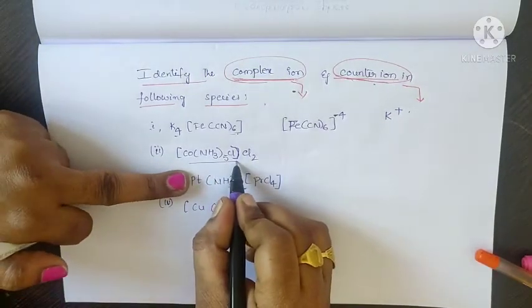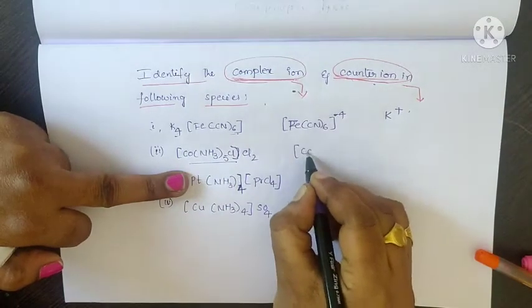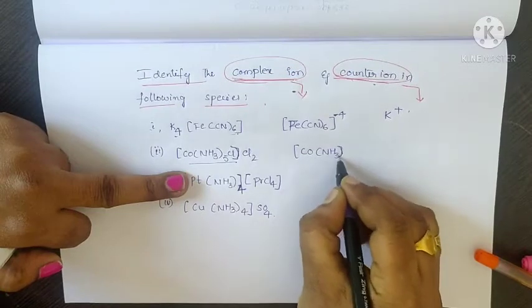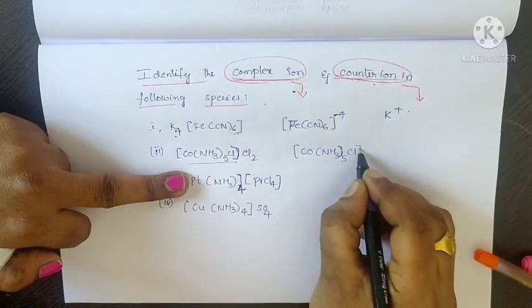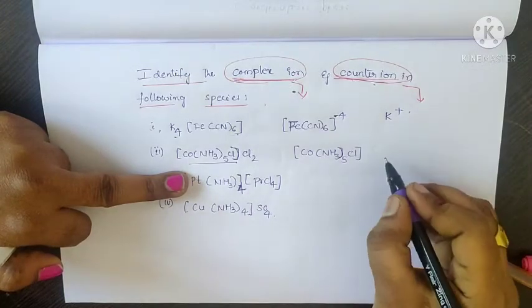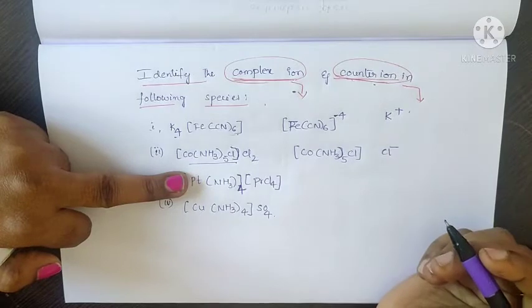And next one, [Co(NH3)5Cl] and outside the sphere Cl2. So [Co(NH3)5Cl] is the complex ion, in the coordination sphere, and the counter ions are Cl minus.